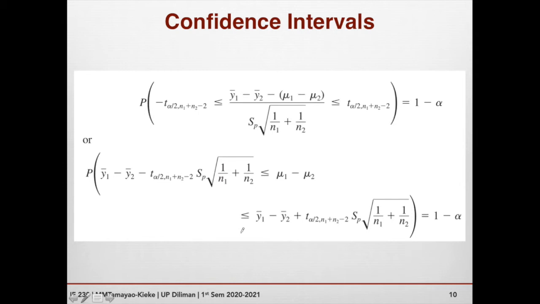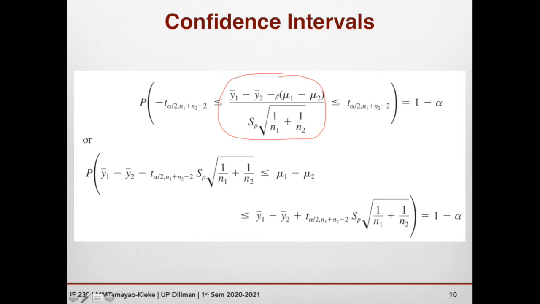Now in a two-tailed t-test, our parameter, theta, is transformed to this term here. And this is actually our test statistic.